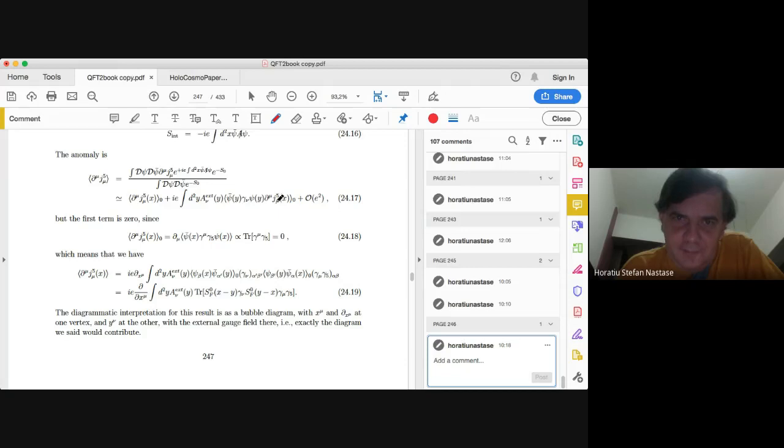So that's j_μ^5 of x. And so I separated γ_μ γ^5 with indices αβ. Then I put the ψ̄ in here and the ψ in here.